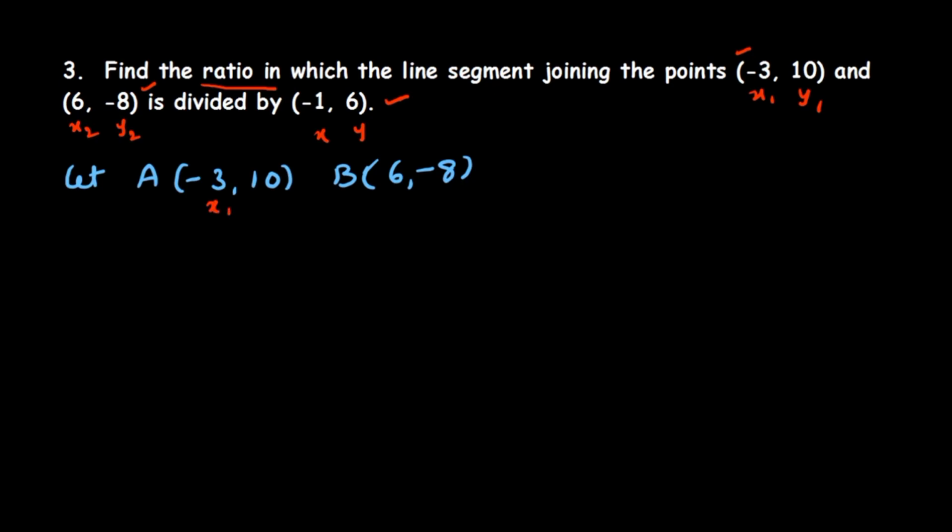As usual, this is (x1, y1) and this is (x2, y2), and the given point, let it be P (-1, 6), which is also just like (x, y). Now I'm going to write only the x coordinate.